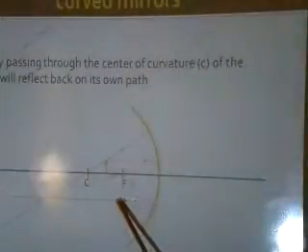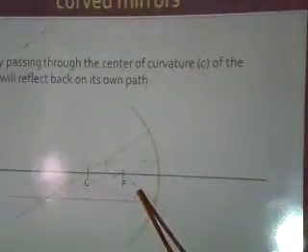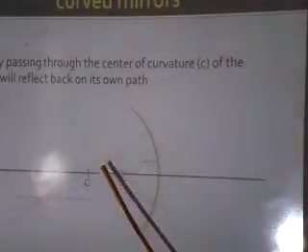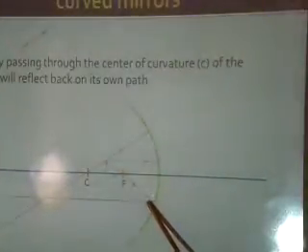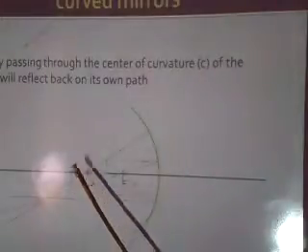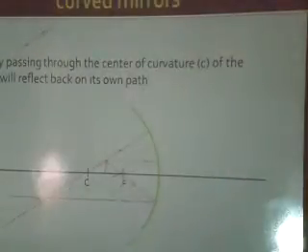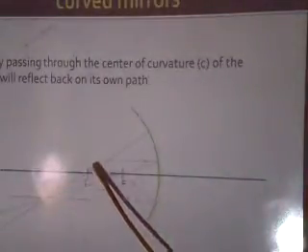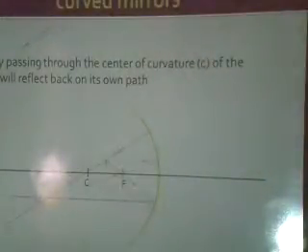Then the second rule tells us that any ray that passes through the principal focus will travel parallel to the principal axis upon being reflected by the mirror. This is represented by the magenta color. The third and last rule tells us that any ray that travels through the center of curvature will be reflected along its own path.